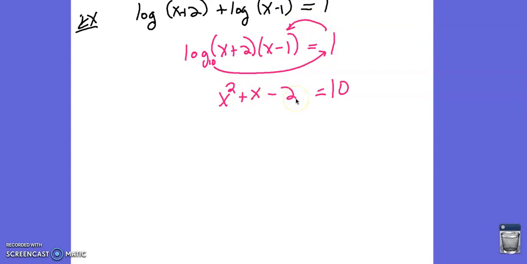And notice I multiplied that out, I FOILed all that out. So that step is the crucial one. You might want to pause the video and make sure you understand that, so that it got rid of the log. I want to get rid of the log, and I just did that by writing it in exponential format. So 10 to the 1st, which is 10, equals x plus 2 times x minus 1. And then we're going to solve that.